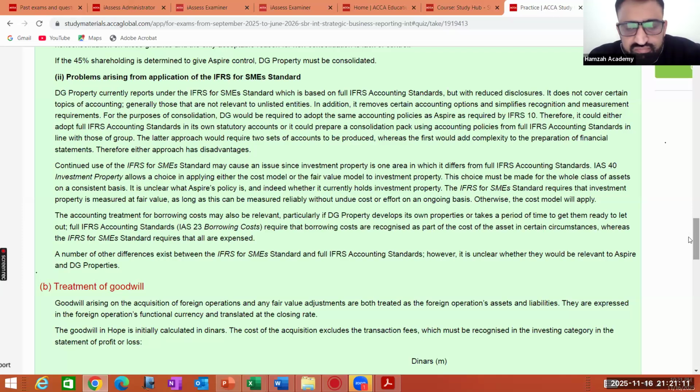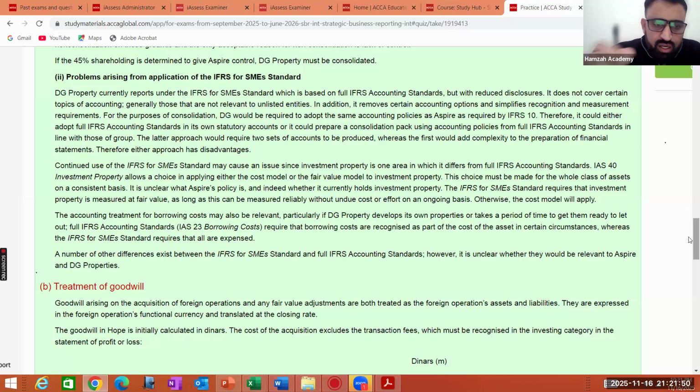So these are the points we will be discussing here: what challenges you can face when you are consolidating a company which is not following the full accounting standards, but its own accounting treatments, its own generally accepted principles, or which is following the accounting standards but not in a true sense.